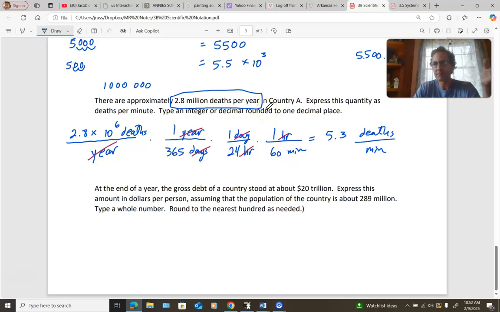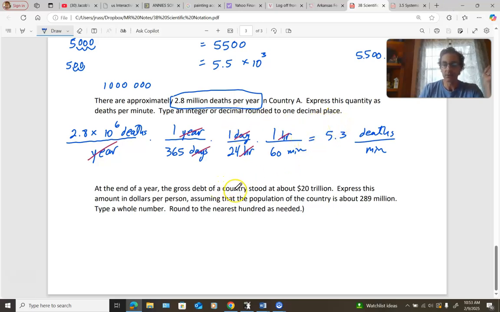When we hear big figures like this, it helps us to understand the magnitude of this figure by putting it in something more relatable, like deaths per minute. That gives us a better sense of the magnitude of the rate of deaths.